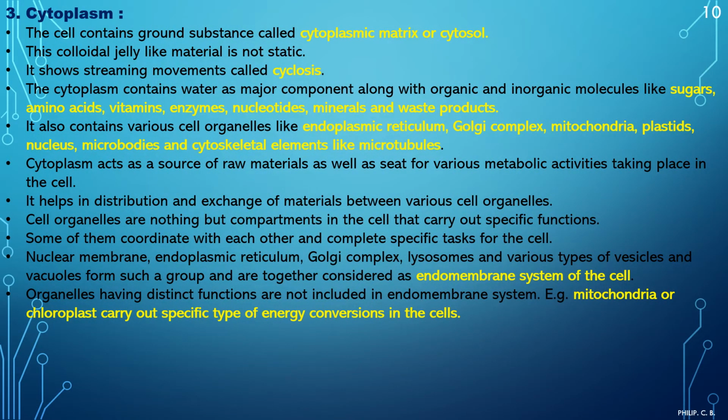Further, coming to the third part, cytoplasm. The cell contains ground substance called cytoplasmic matrix or cytosol, which I am repeating from the first slide, where we saw how the movement takes place in the animation GIF. Even further, we can see some more animation related to it. This colloidal jelly-like matrix is non-static.